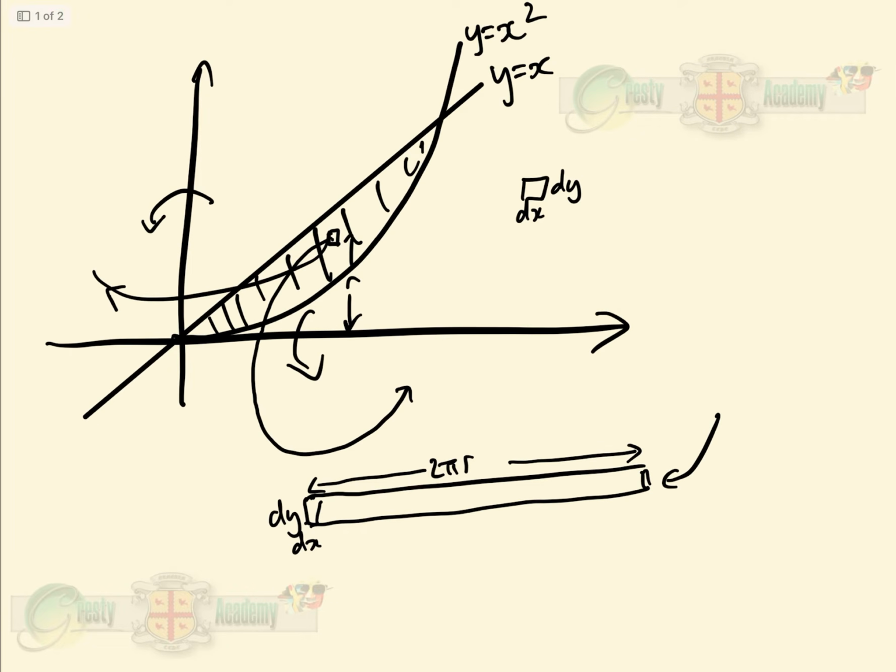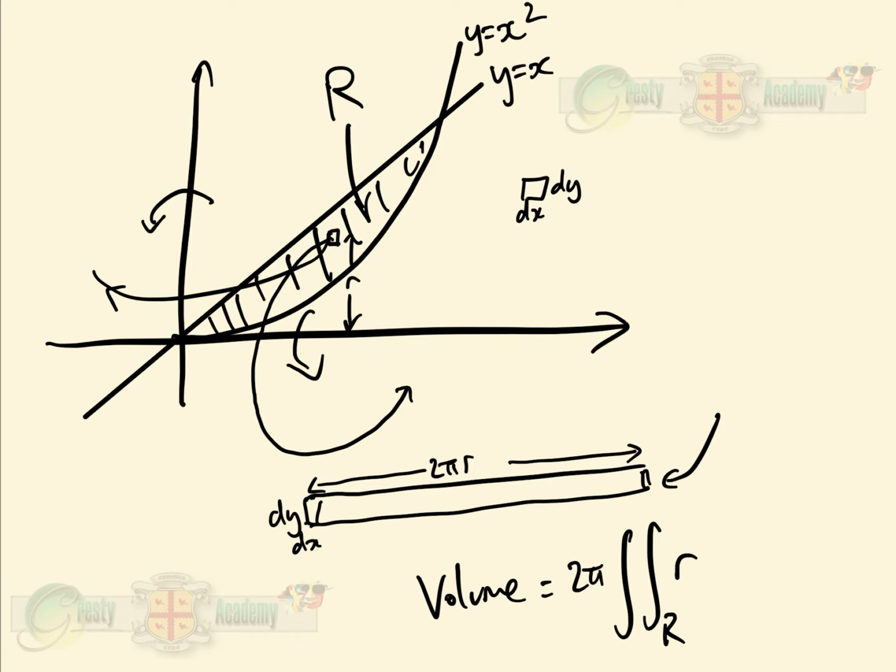That's the idea of the whole thing. So the volume will be equal to 2 pi times the double integral over the region R, the region about which we're integrating, of all of the r's, that's the 2 pi r there, dy dx, and that gives us the volume of revolution.